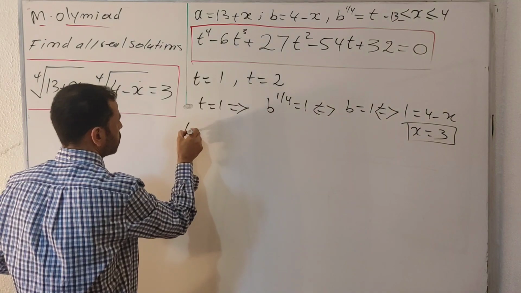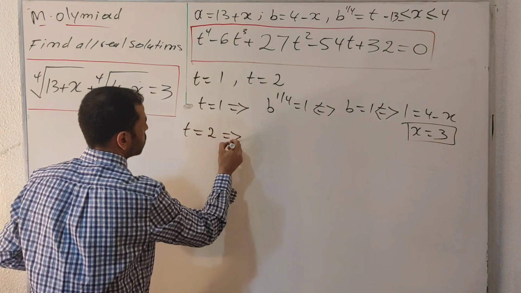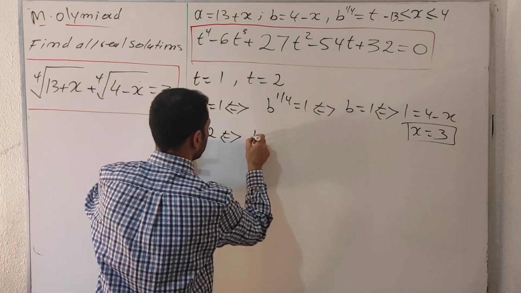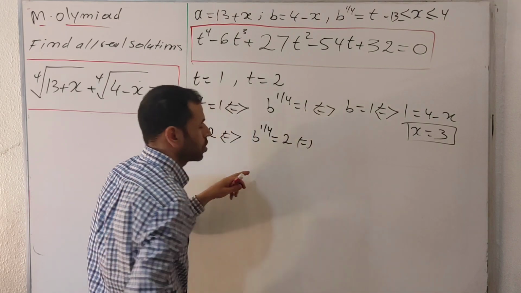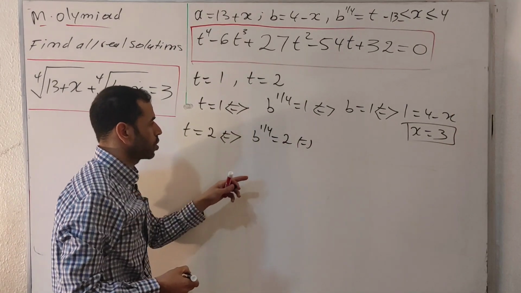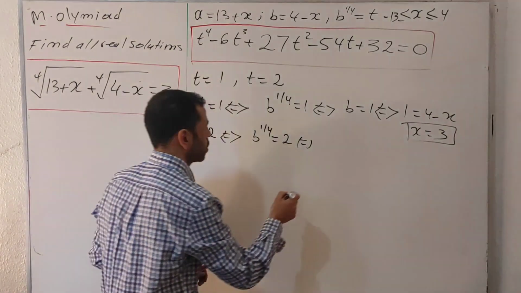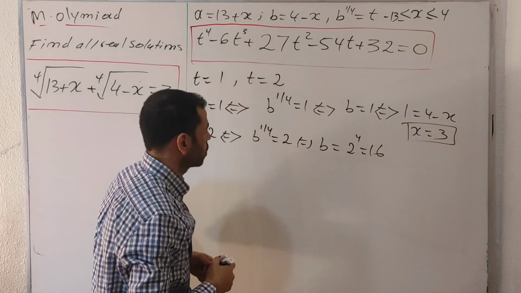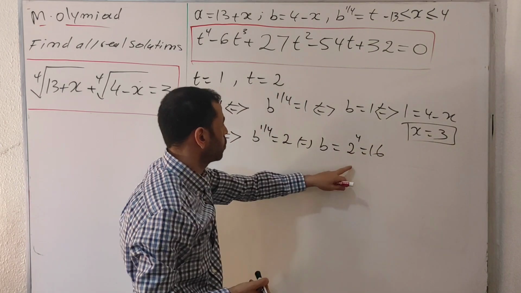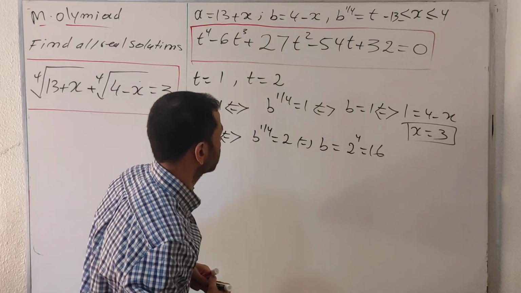Okay, t equals 2. I'm going to do the same thing. I will have b to the 1 over 4 equals 2. I'm going to raise both sides to the power 4. I will get b equals 2 to the 4th, which is 16. Okay. Then I'm going to take this value of b and insert it in above expression.